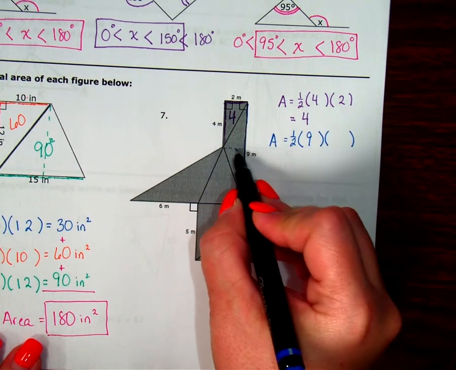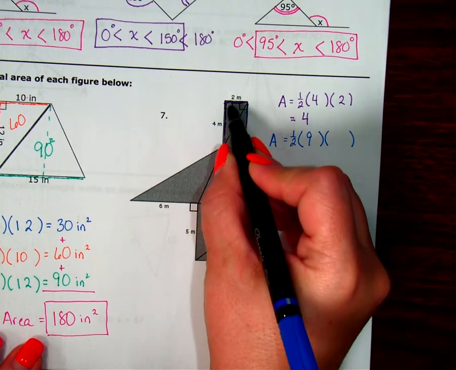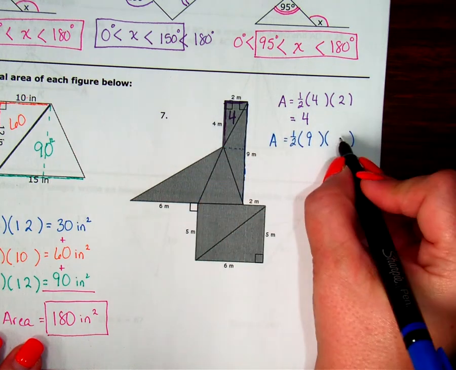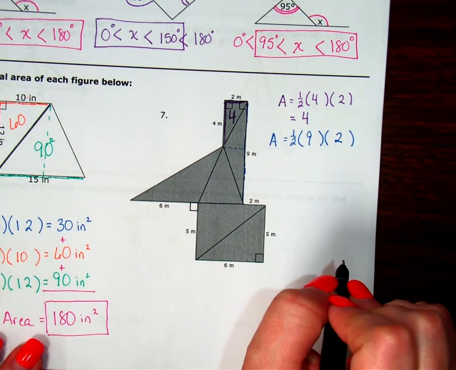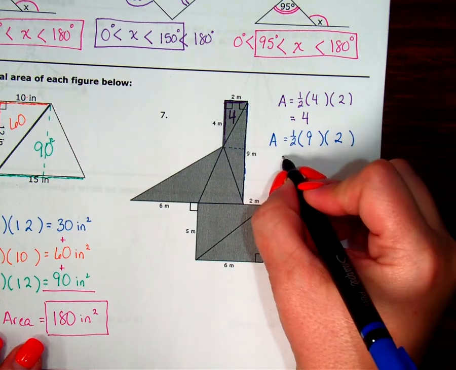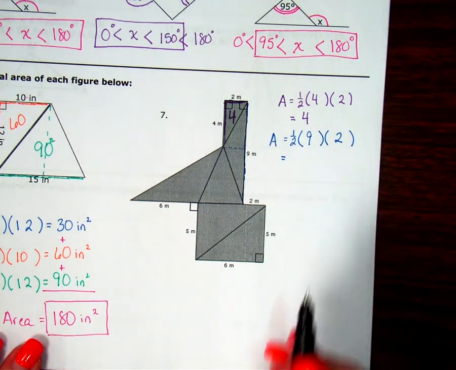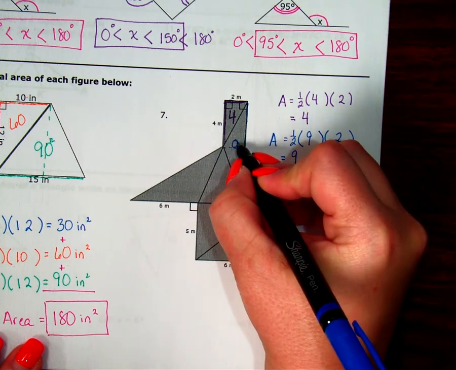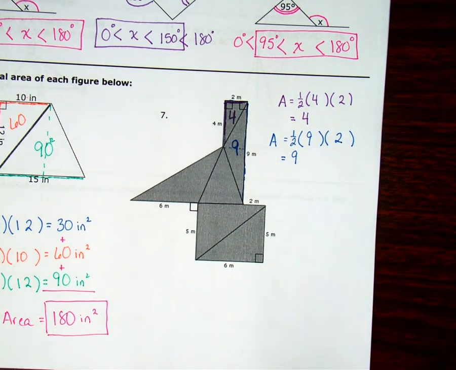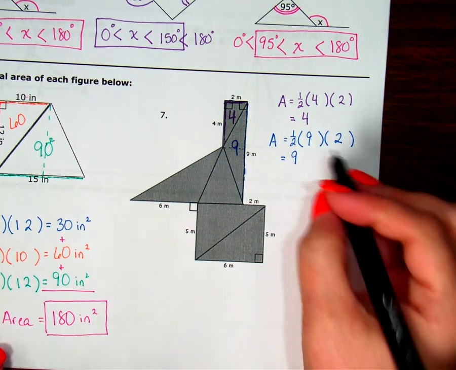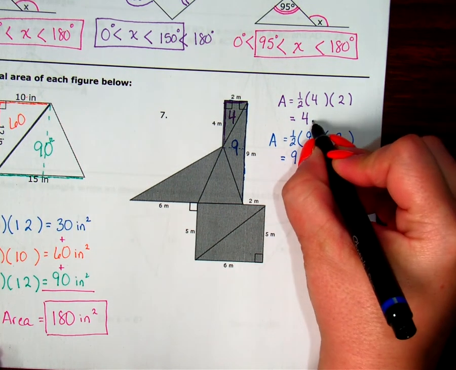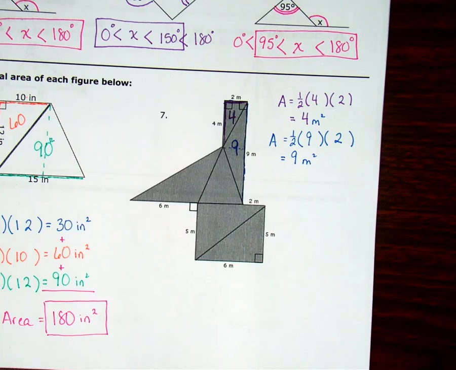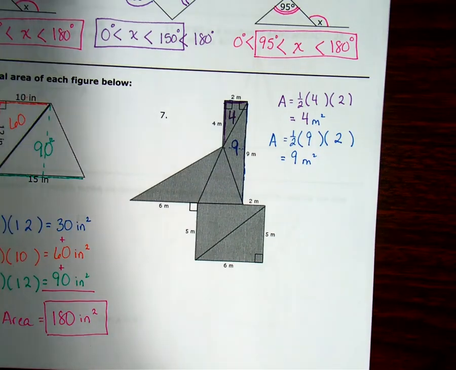And I can see this width right here is the same as this one up here. So I know it's 2. 1/2 of 9 times 2 is 9. So this triangle is 9 for its area. And we should say meters squared. I didn't put that here. Or square meters.